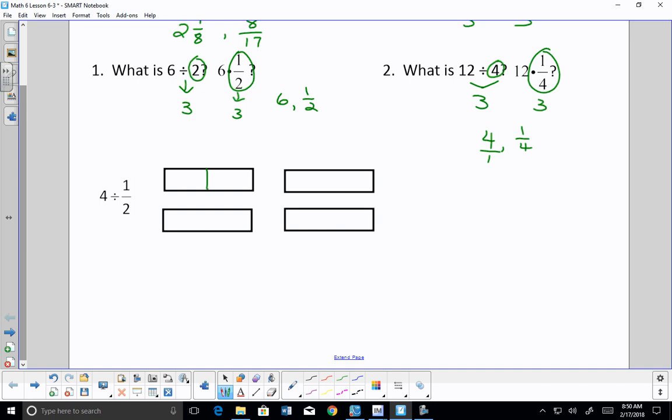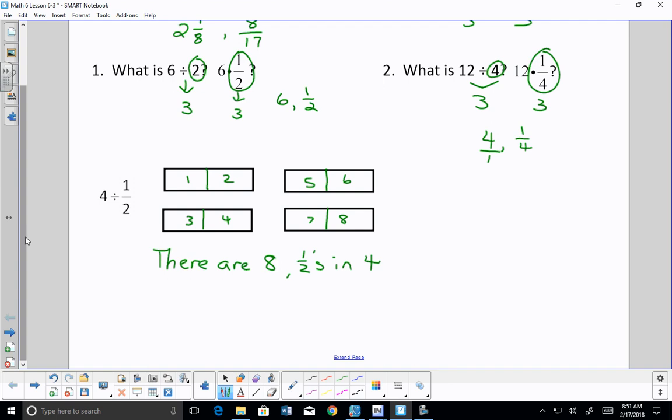I'm going to divide all my rectangles in half, and then I can count my halves. That's 1/2, 2 halves, 3 halves, 4 halves, 5 halves, 6 halves, 7 halves, 8 halves. So truly, there are 8 1/2s in 4.